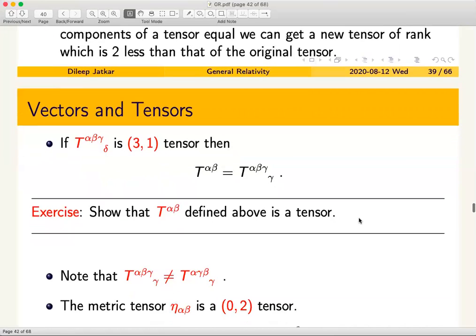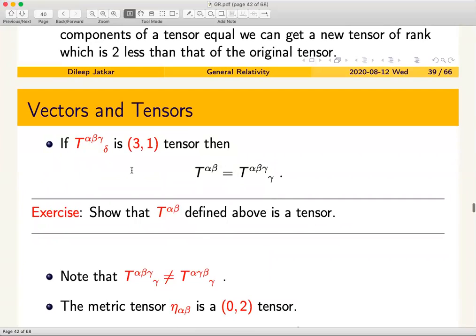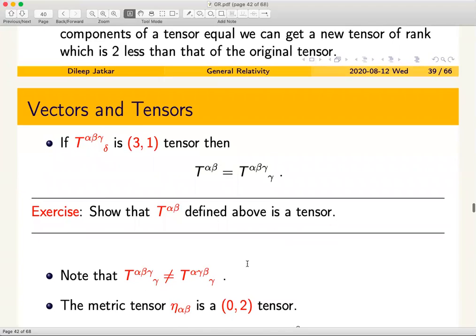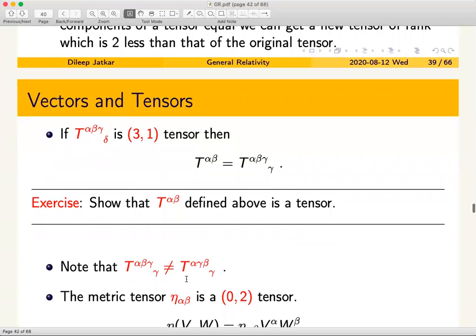Now note that this contraction rule is not commutative, in the sense that instead of contracting delta with gamma, if you had contracted delta with beta, the result would have been different. Okay, so that is the statement that T alpha beta gamma gamma is not equal to T alpha gamma beta gamma.